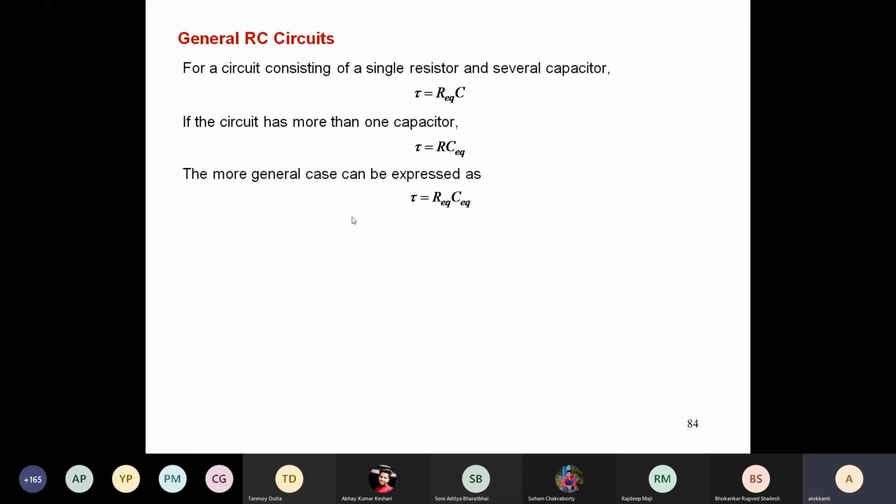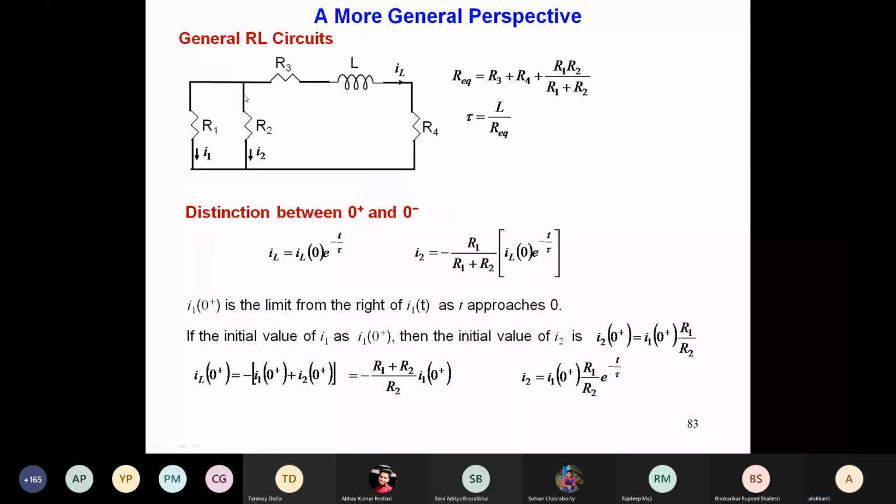It will depend upon the exact problem given, because what we have done is introduce the concept of time constant, C into R. These are general terms which will actually depend upon the type of circuit. Given a circuit, you can see that these can be combined in parallel or in series, and that becomes Req, and so it is L by R. So given some other problem, we have to see how we can express the equivalent. Then only we can do it.